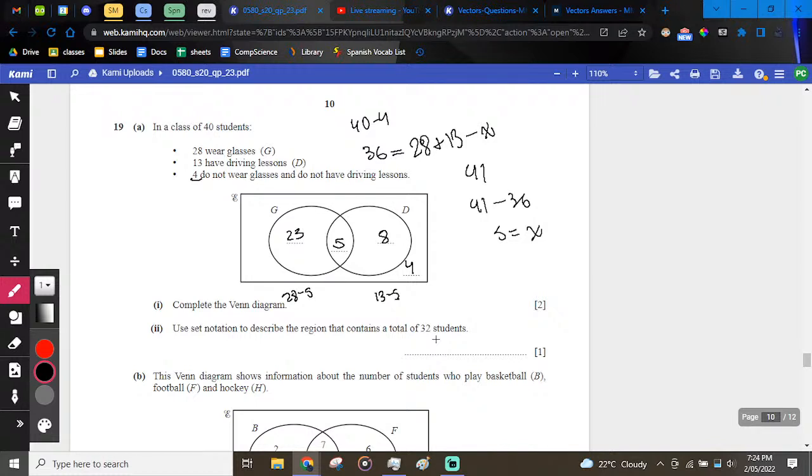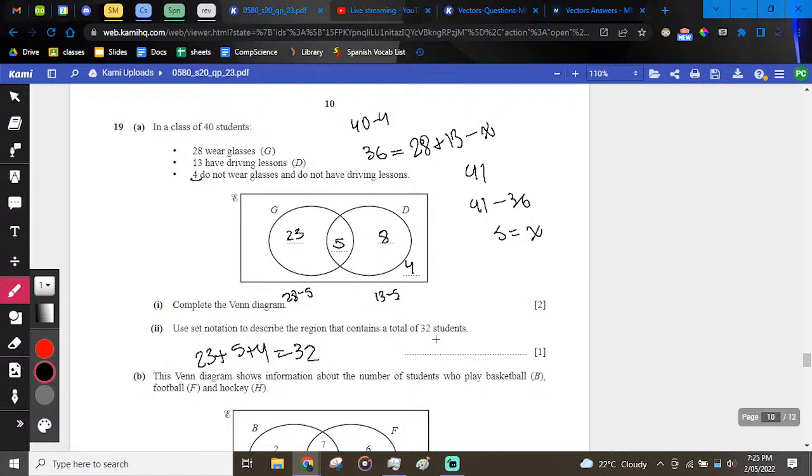No. 5 plus 8 plus 4 gives 17. No. 23 plus 8 plus 4, 35. 23 plus 5 plus 8, 36, plus 4. Okay. 23 plus 5 plus 4 equals 32. Which regions are these? That one, that one, and 4. So we're including everything except only D.